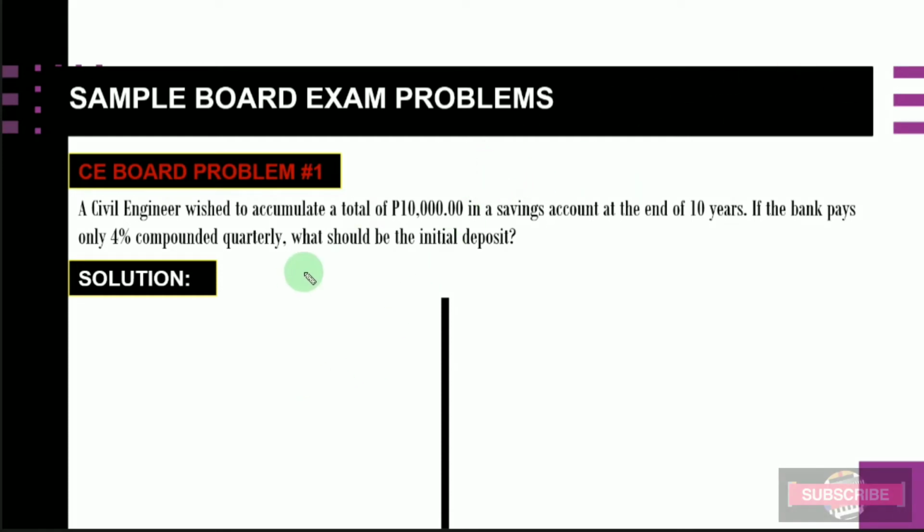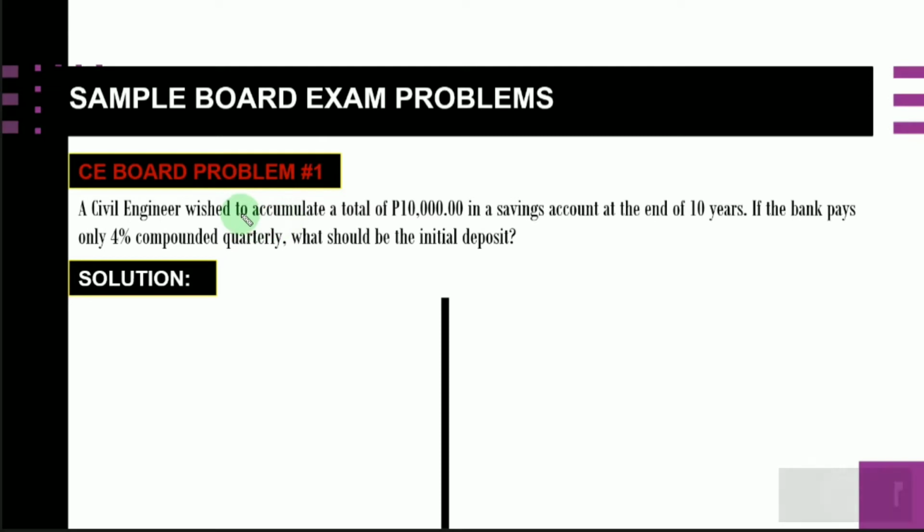So from this, first, you are going to determine the given parameters. For example, wish to accumulate a total of 10,000 pesos. Our future worth is sometimes termed as the accumulated amount.